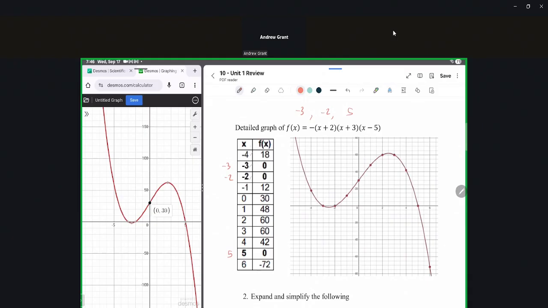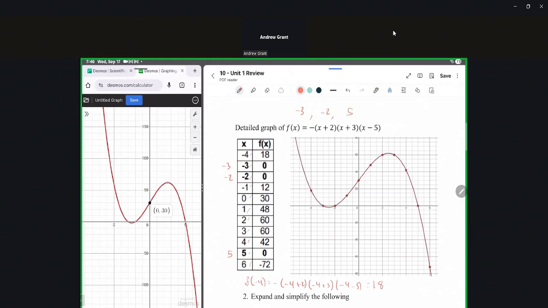So we ended up checking 11 x values in this function, where you would type in one at a time. f of -4 is equal to negative times -4 plus 2 times -4 plus 3 times -4 minus 5, and found out that the answer to this was 18.